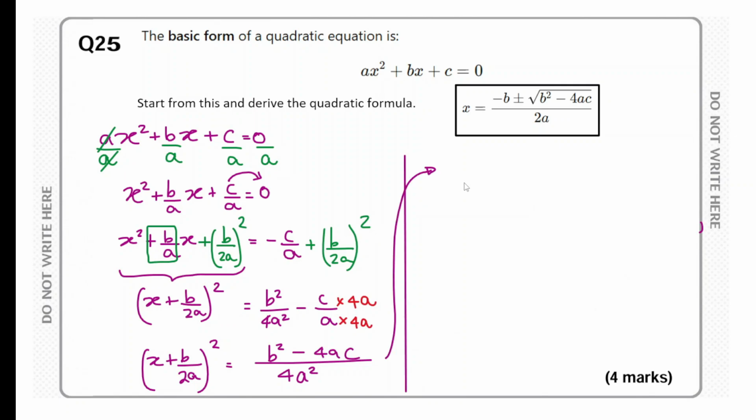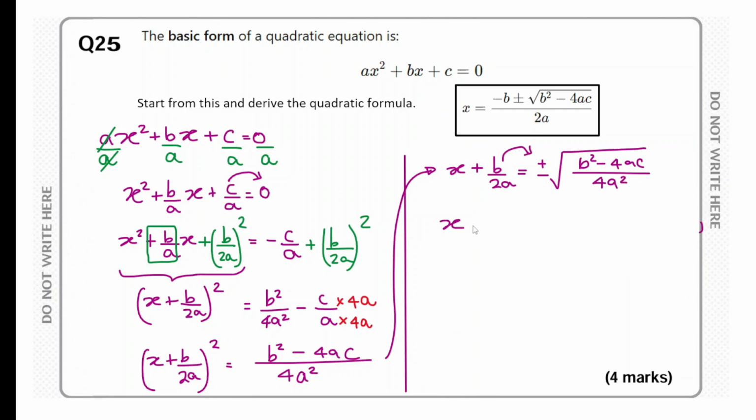Now I'm going to square root both sides. So the left hand side simply becomes x add b over 2a is equal to, right hand side becomes plus or minus square root b squared minus 4ac, everything divided by 4a squared. Now I'm going to move it to the other side.